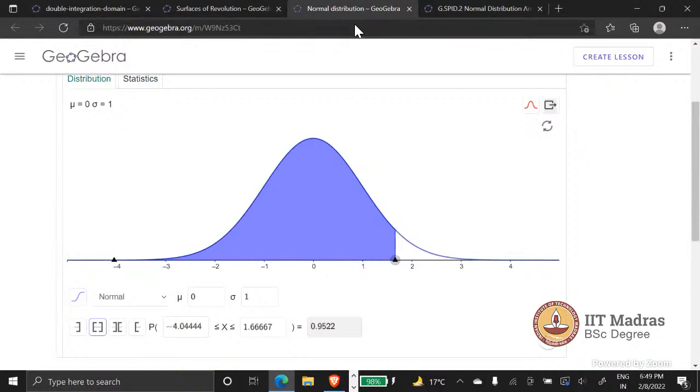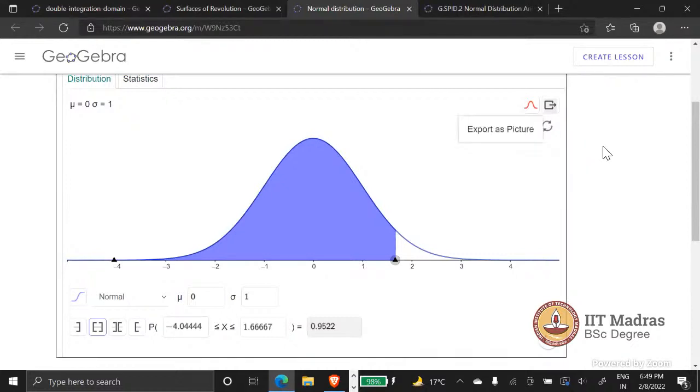I have one doubt, ma'am. In the normal distribution, when we transform x, y is equal to xz plus x, how do we convert this into normal? Yes, ma'am, same doubt I have.